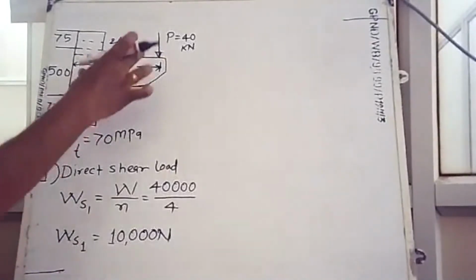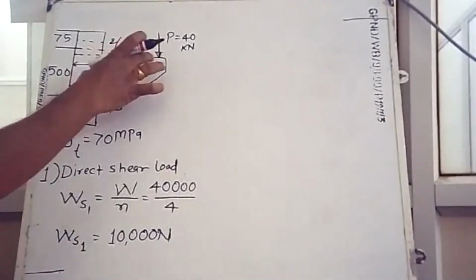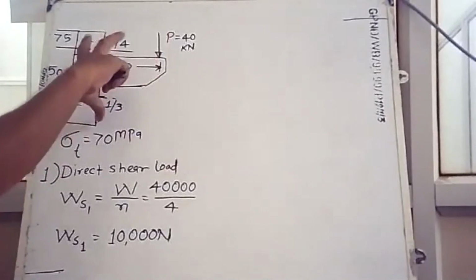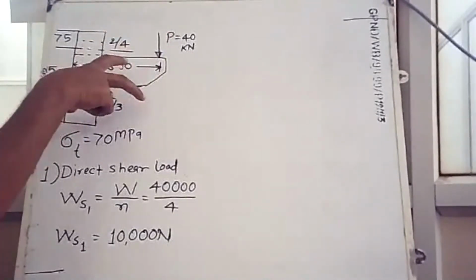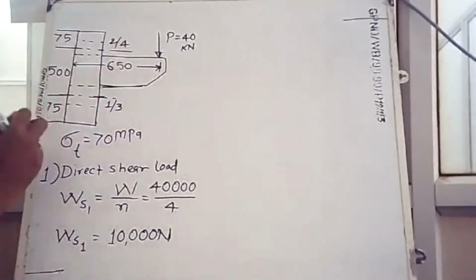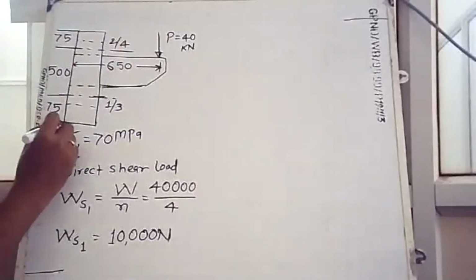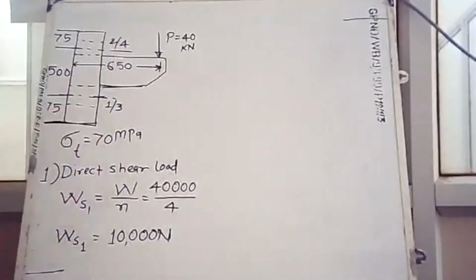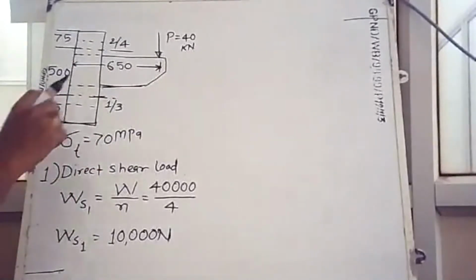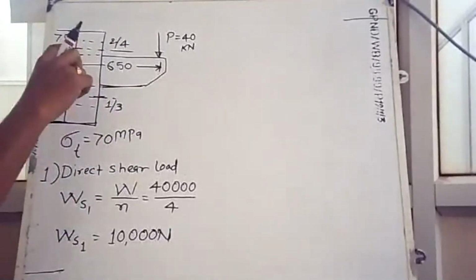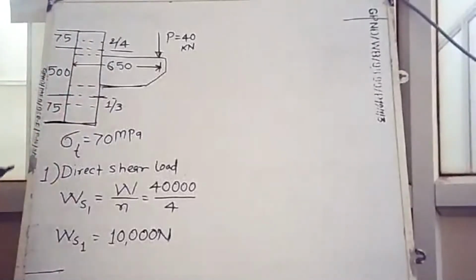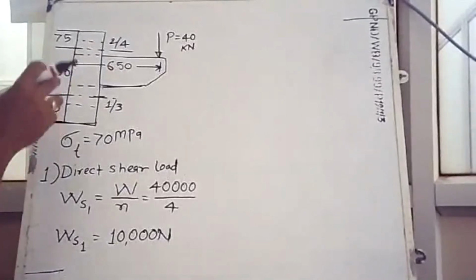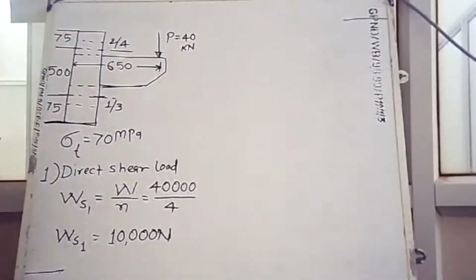Another load is because of this force, the complete bracket is going to turn. The turning of bracket is proportional to the distance from this base. When the distance from this base increases, obviously the turning is more, and because of that the second load is more.